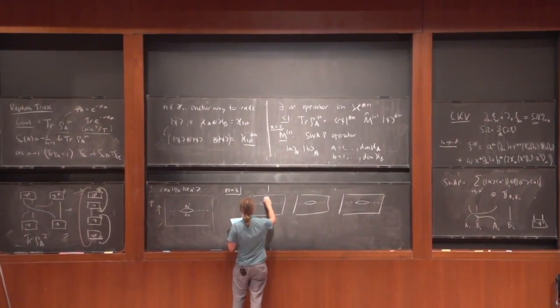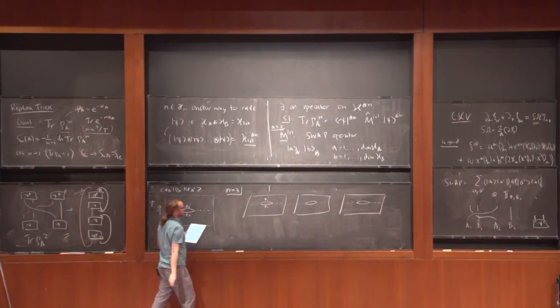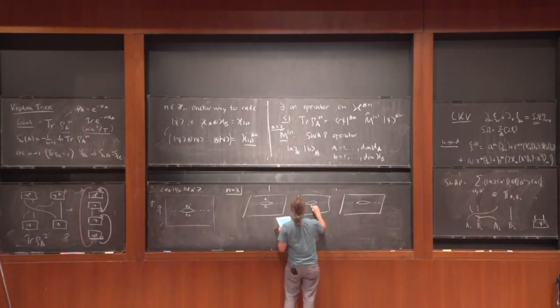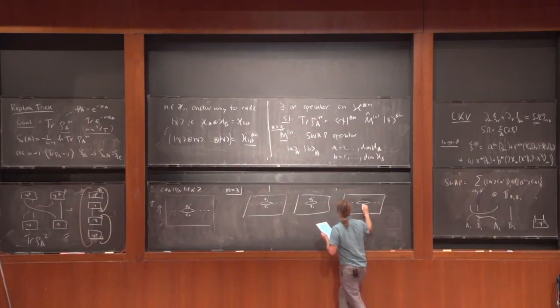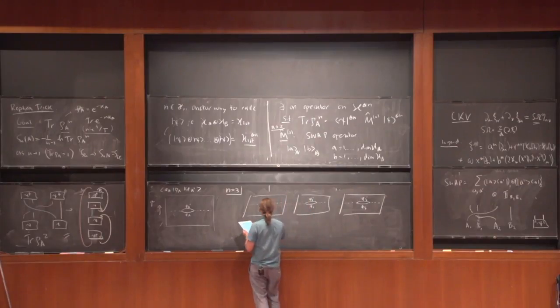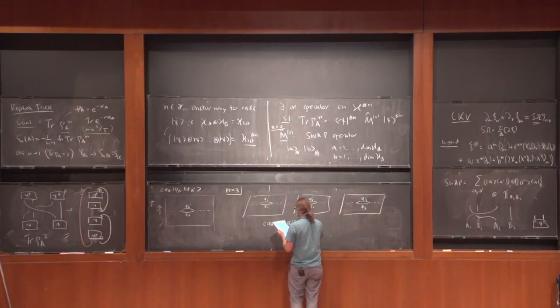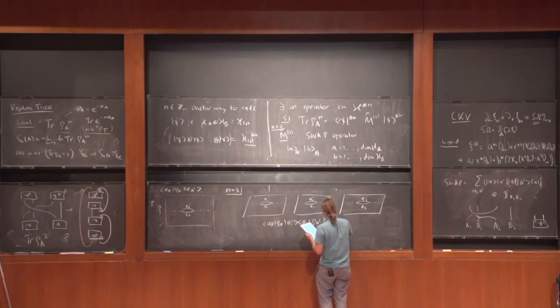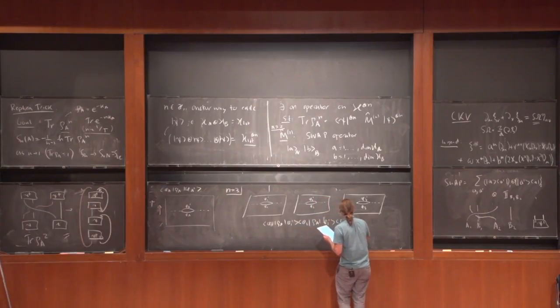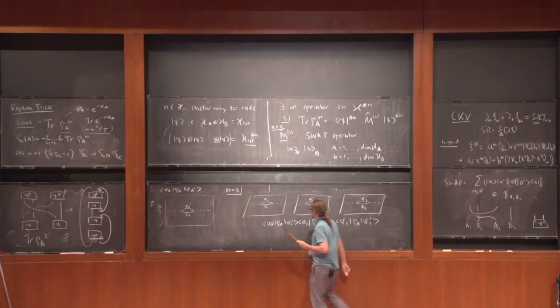So we have phi 1 prime, that's for the first copy. I'm just going to suppress the A label now. This is phi 2 prime, phi 3 prime. And so this would compute phi 1 rho A phi 1 prime, phi 2 rho A phi 2 prime, phi 3 rho A phi 3 prime.